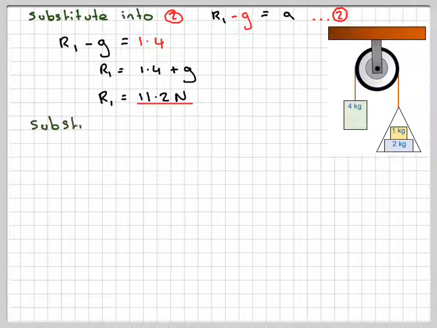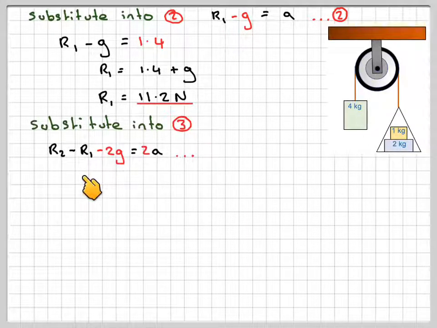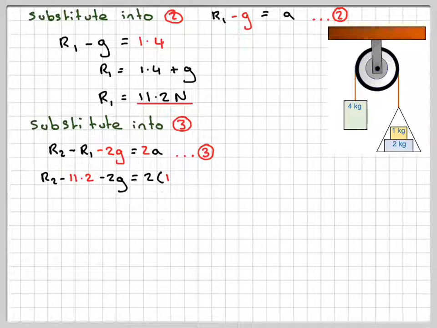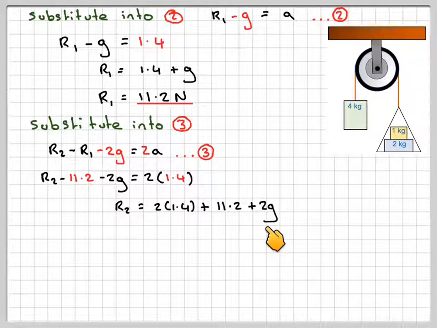And then we now substitute that all into equation 3. Equation 3 was R2 minus R1 minus 2g is equal to 2a. So we're going to have R2 minus my value from here, which is 11.2, minus 2g is equal to 2 times the acceleration, 2 times 1.4, which gives that R2 is 2 times 1.4 plus 11.2 plus 2g, which gives R2 being 33.6 newtons.